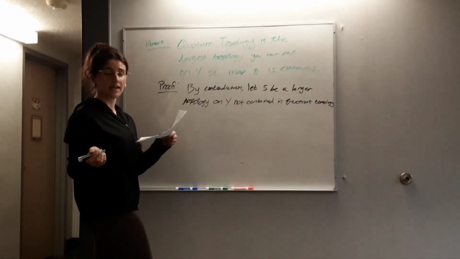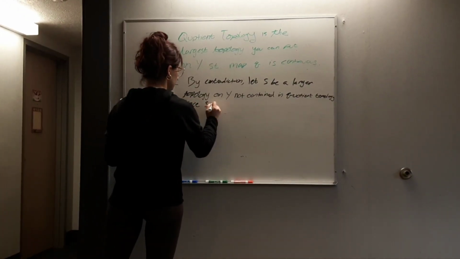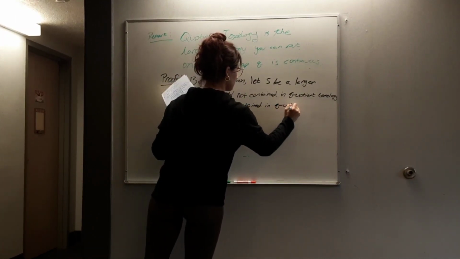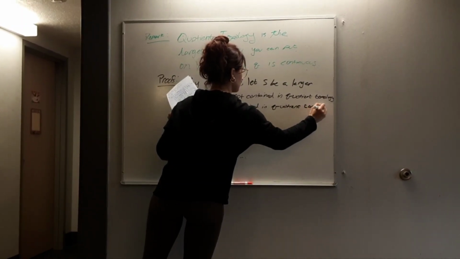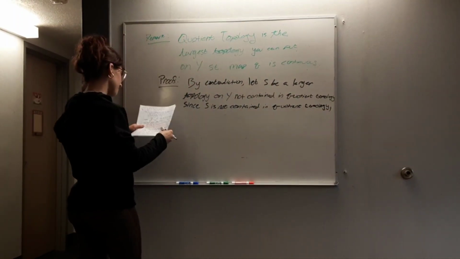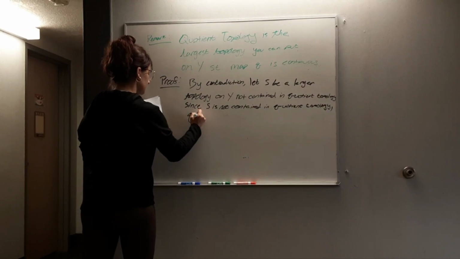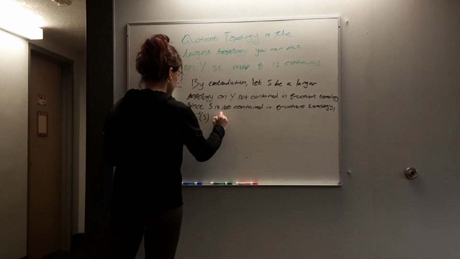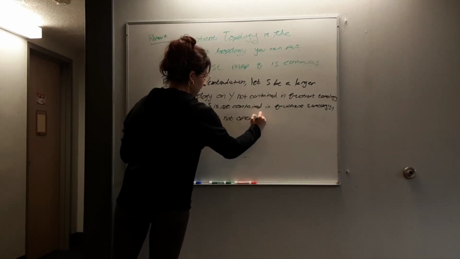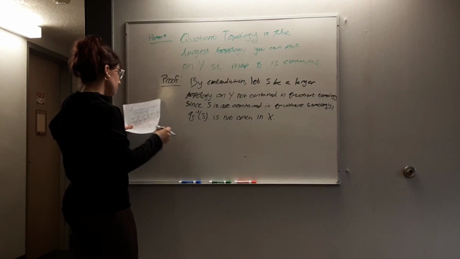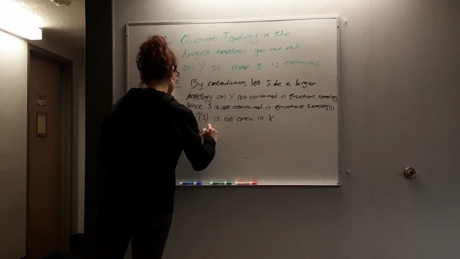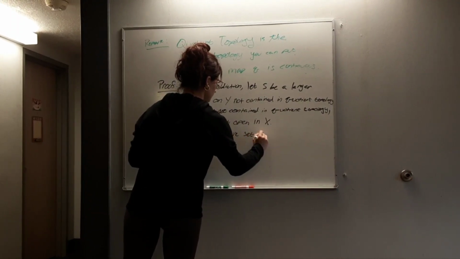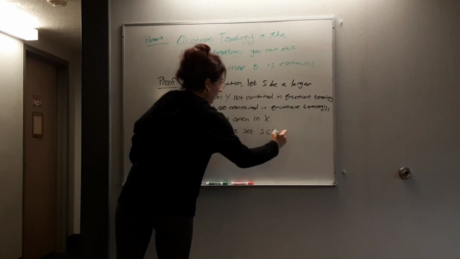So since S is not contained in the quotient topology, then we have that Q inverse of S, keeping in mind that Q is our function from X to Y, is not open in X. So now we have a set in X that is not open.